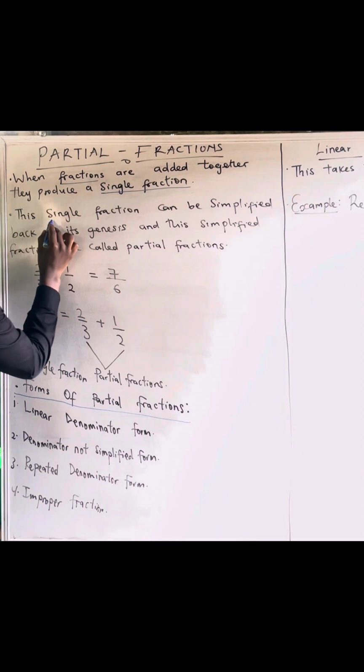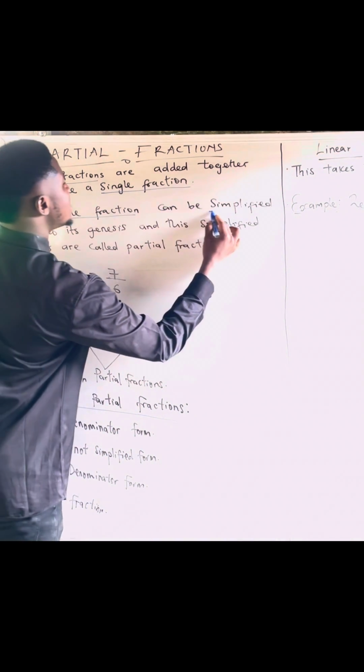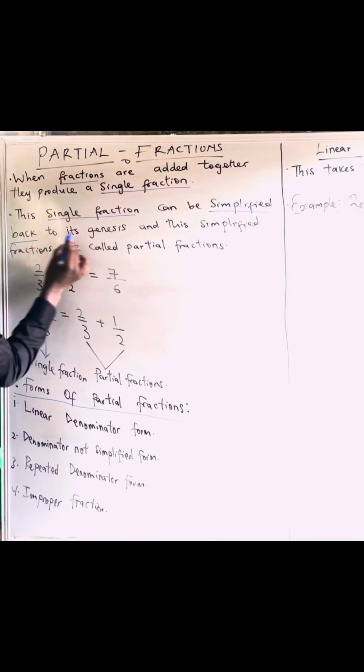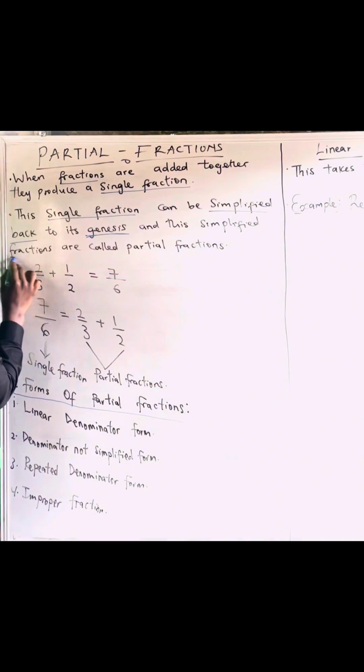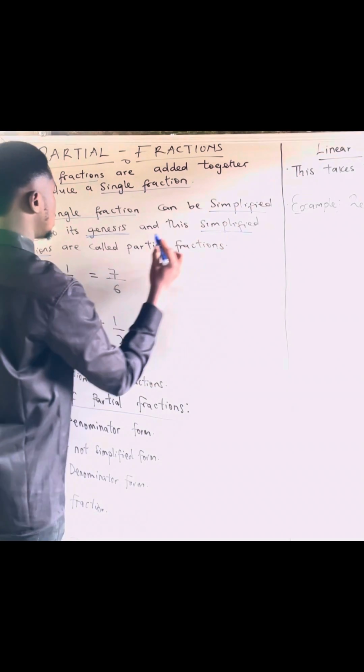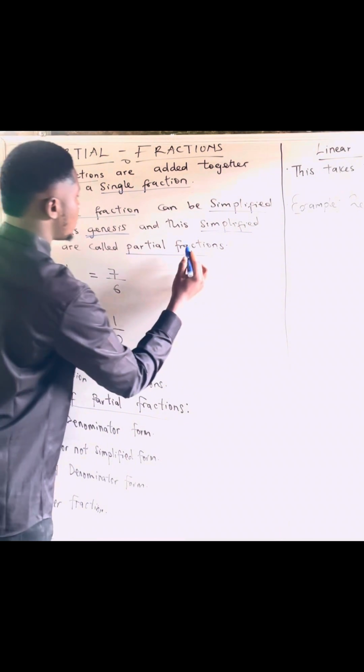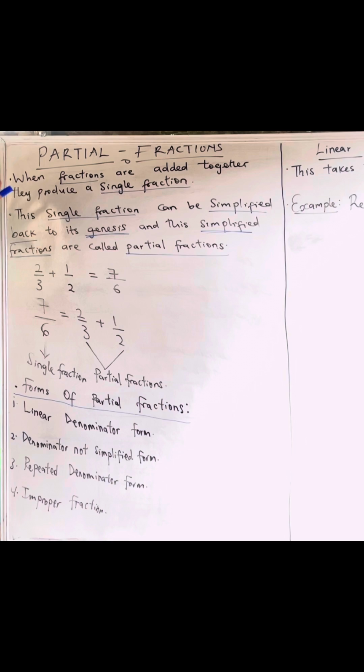But this single fraction can be simplified back to its genesis. And this simplified fraction is called partial fractions. All what we've explained here, let's use this example for better understanding.